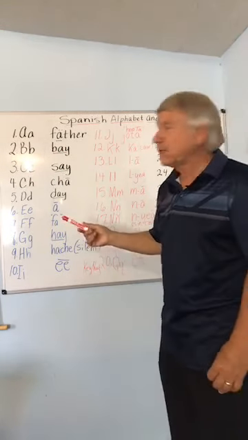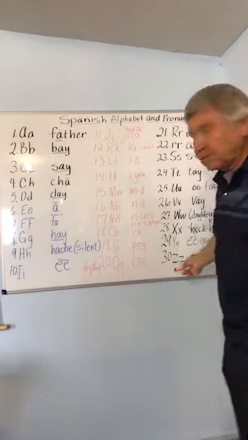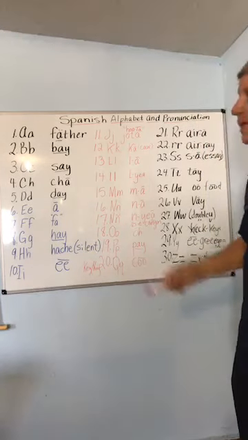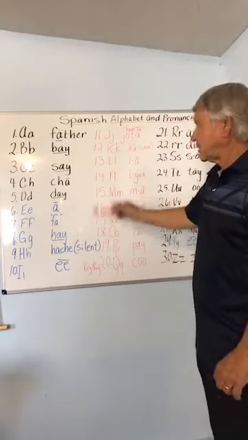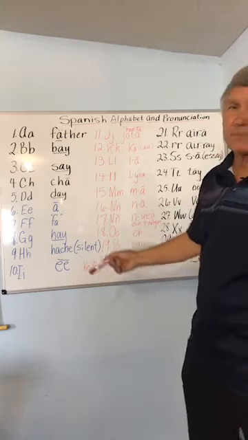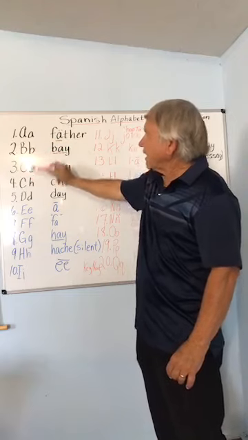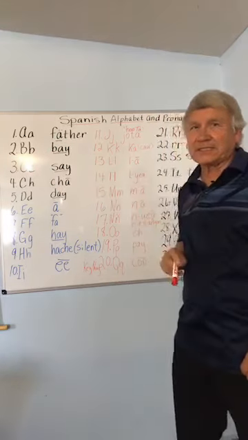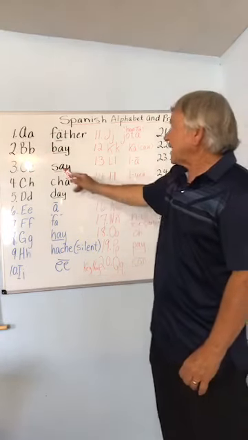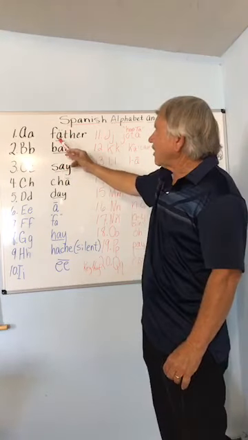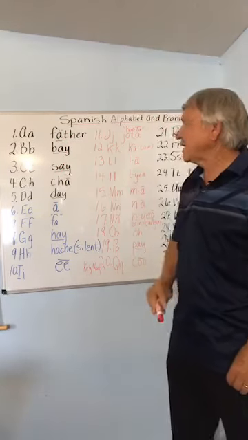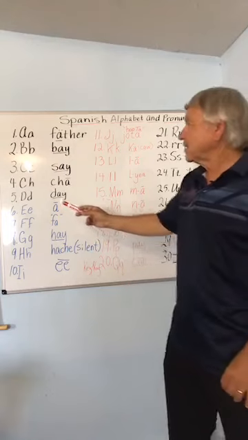And there are actually 30 sounds or letters in the Spanish alphabet. So here we go. Let's just keep repeating them. A, B, and then we go to tres, or 3. That's say. Okay, so you have A, B, say. See how easy this is?